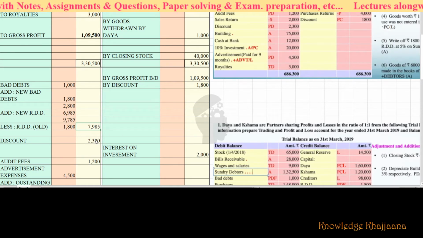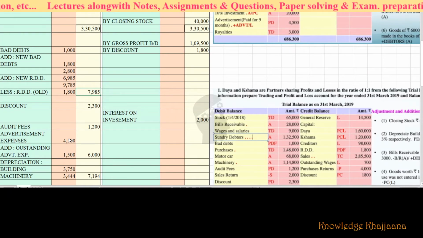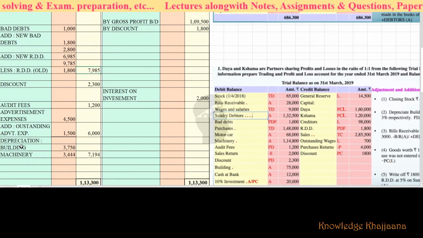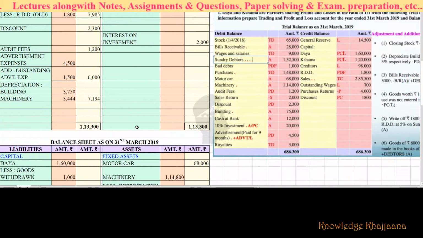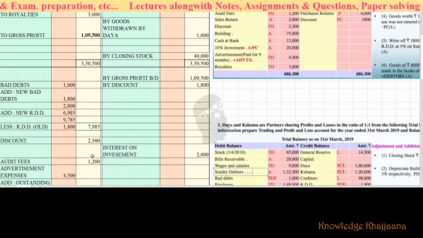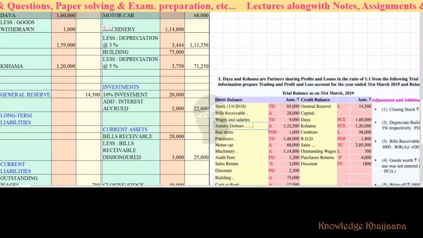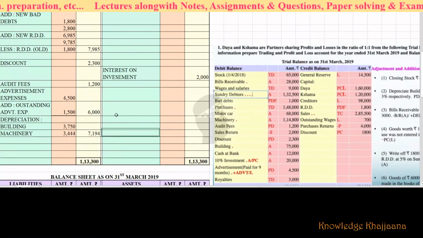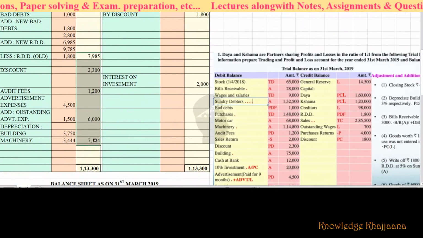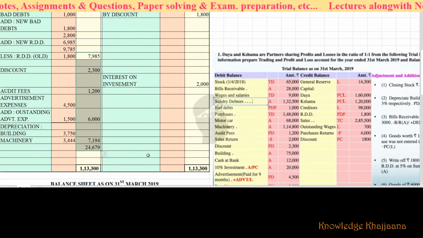Then discount we have taken to the outer side, audit fees we have taken to the outer side, expenses, outstanding expenses for the advertisement, and depreciation we have taken to the outer side. So we'll do the total of this. The total is 24,679.